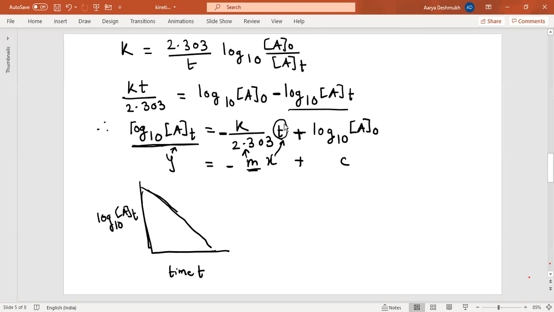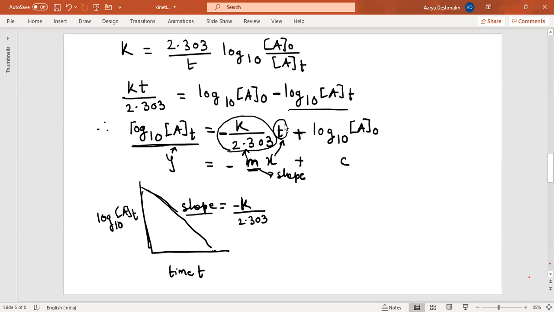So this is the slope for this graph. This is m, means this is slope. The slope will be equal to minus k divided by 2.303. Once you find the slope, you will be able to find the value for k.